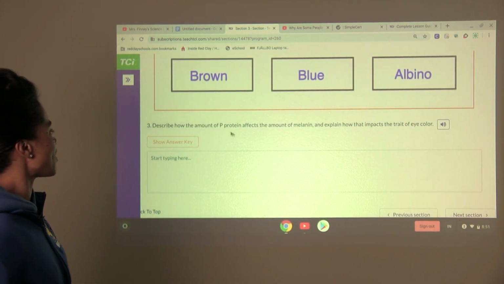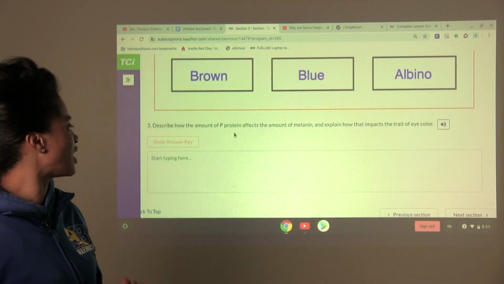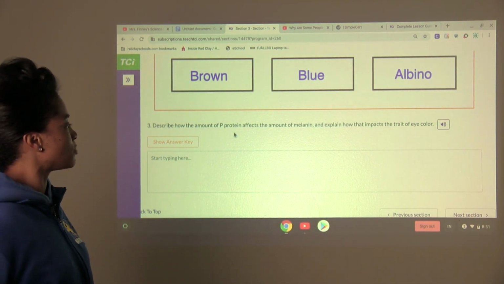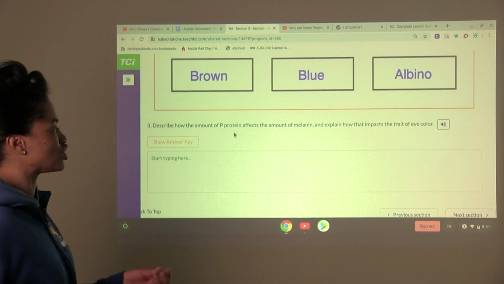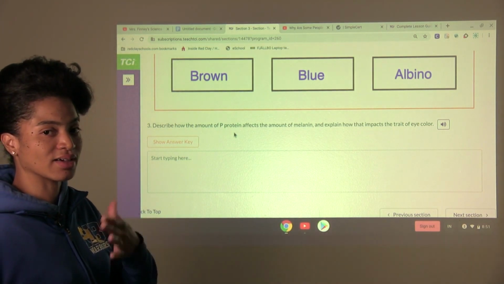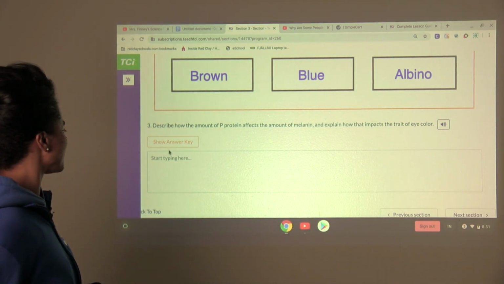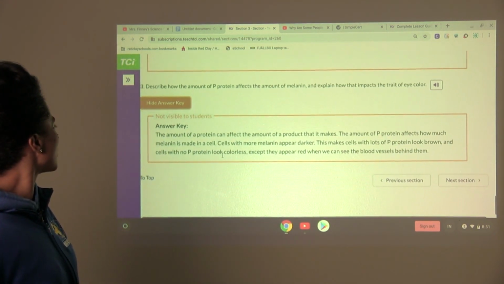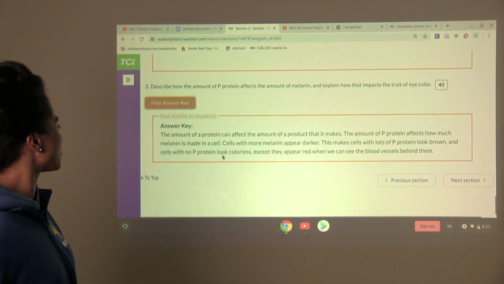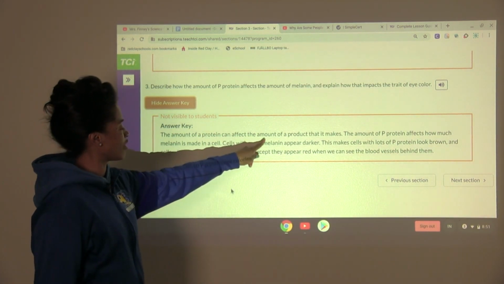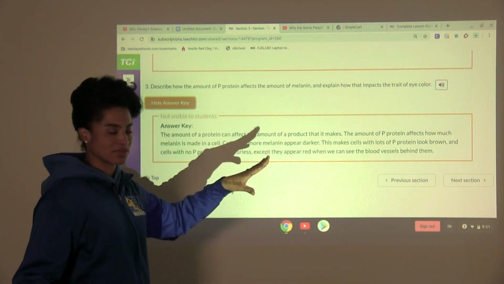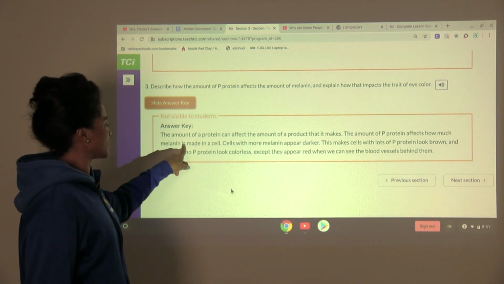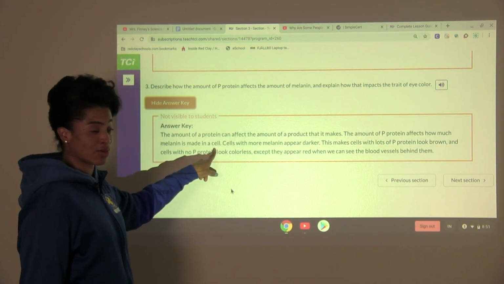Number 3, describe how the amount of pea protein affects the amount of melanin, and explain how that impacts the trait of eye color. This answer says the amount of pea protein can affect the amount of a product that it makes. The amount of pea protein affects how much melanin is made in a cell.